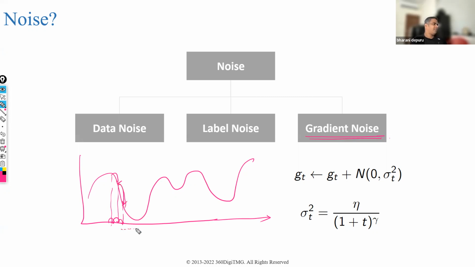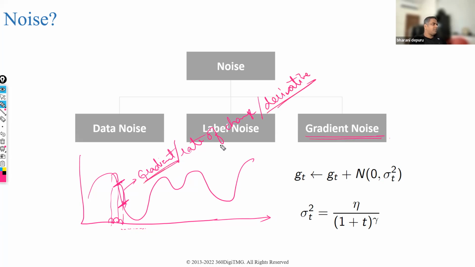You continue in that. But updating the weights means you're trying to find what will be the rate of change. From this point to this point, what will be the rate of change? That is gradient. And this rate of change or gradient is found using derivatives, calculus.